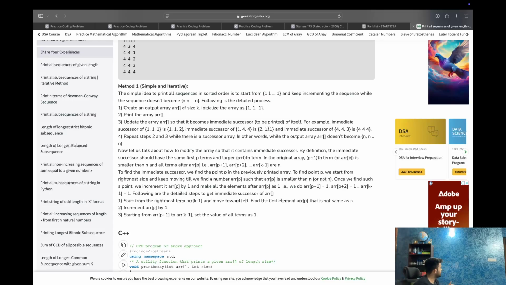Alright, I can have a boolean array and visit all permutations of it. I'm doing it in cube.